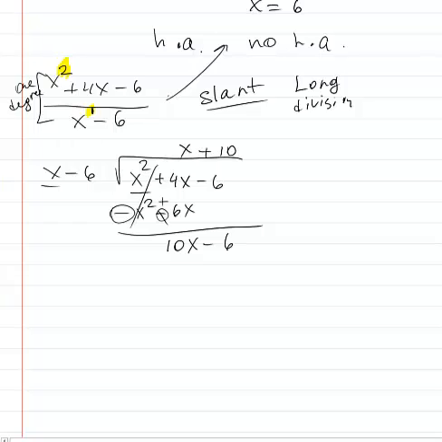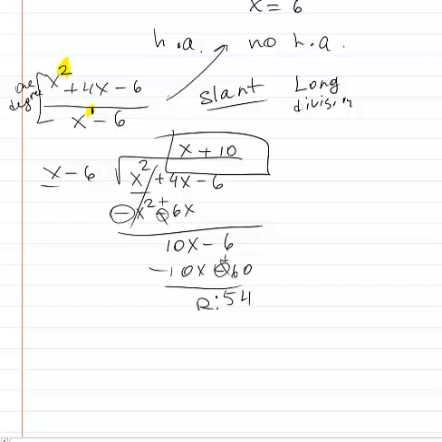And I don't really care about the remainder, because what I care about is the asymptote. So the remainder is 54. Your asymptote is right here. This is your slant. So y equals x plus 10 is your slant asymptote.